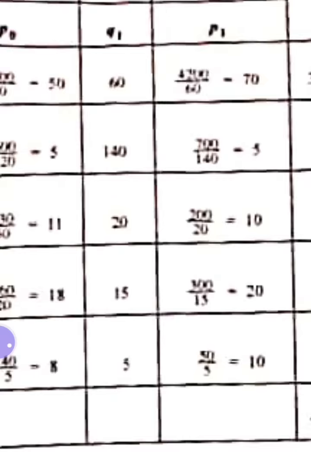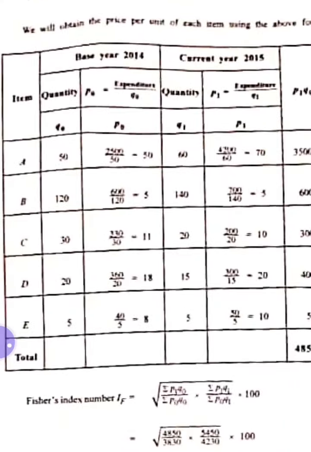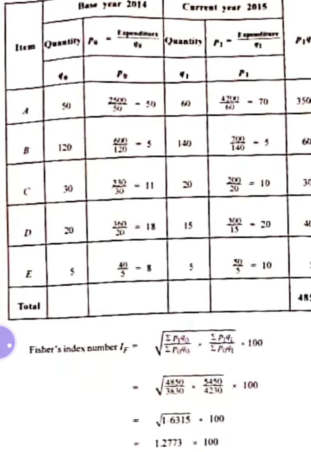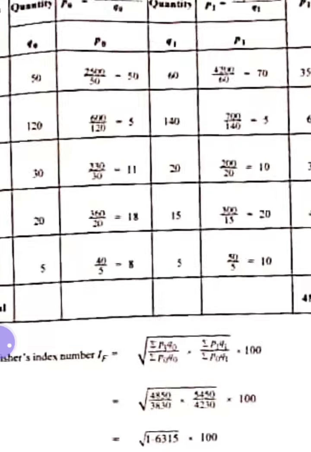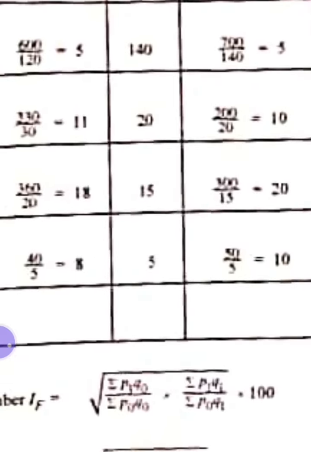Now we have Q0, P0, Q1 and P1. Now as per the Fisher's index number, they have told us to find out the index number by Fisher's method, and we know the formula, that is IF is equal to the square root of sigma P1 Q0 upon sigma P0 Q0 into sigma P1 Q1 upon sigma P0 Q1, into 100, right?